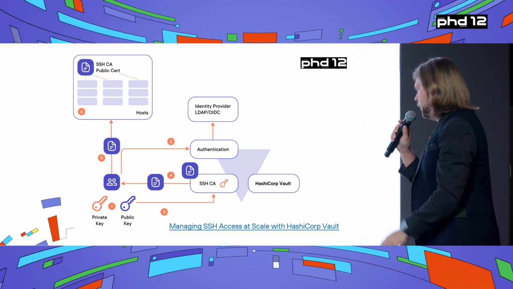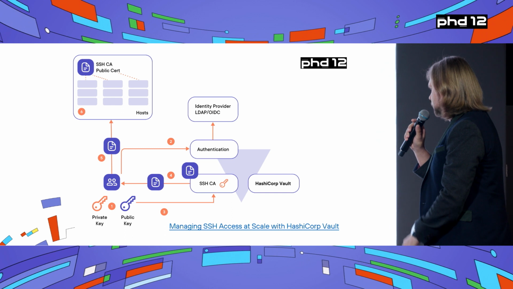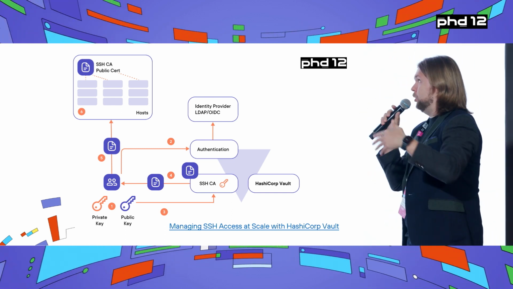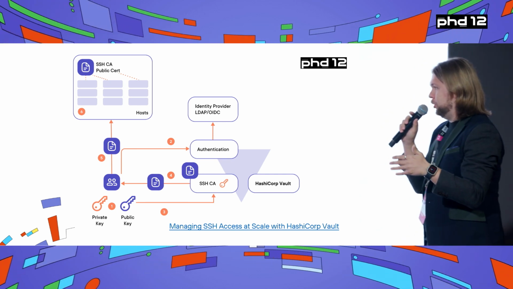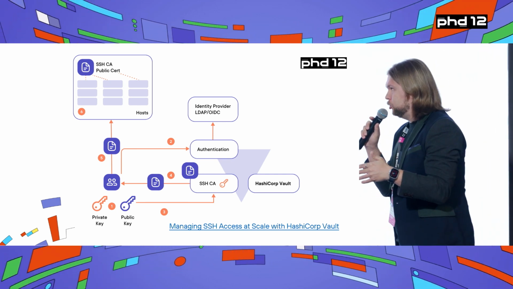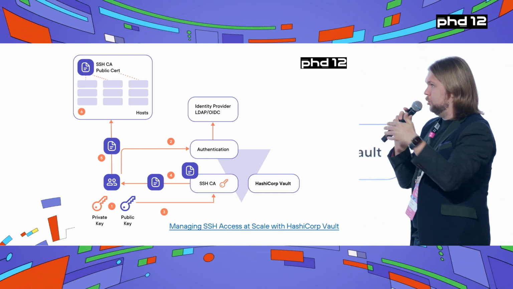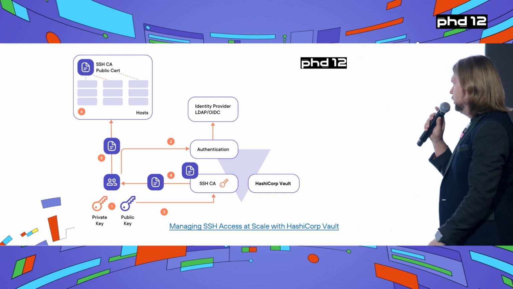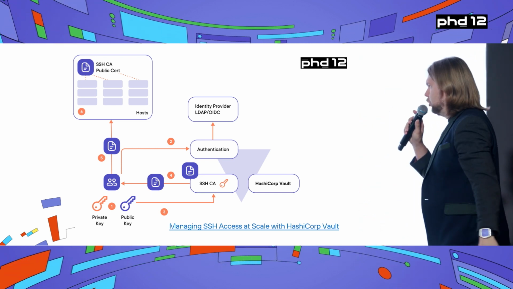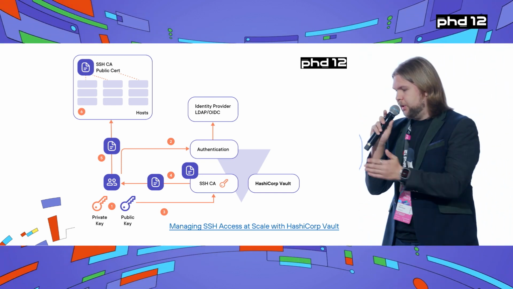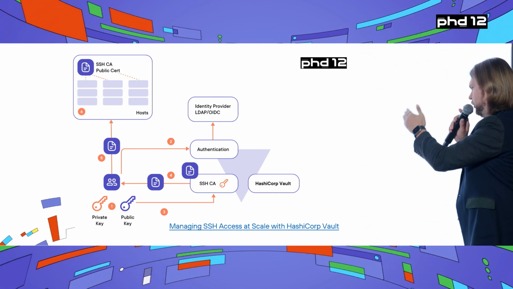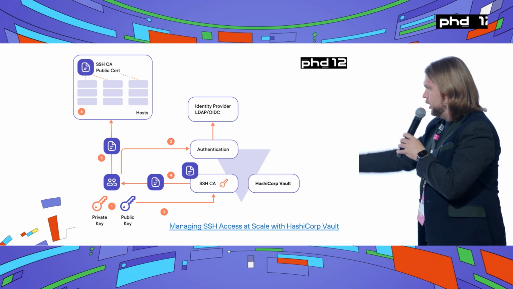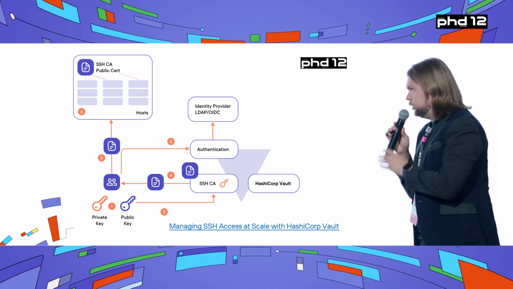Let us have a look at that template that you can find in the Managing SSH Access at Scale with HashiCorp Vault, where the guys are telling us about how you may make authentication in a Linux distributed system based on certificates. What is going on there? We have HashiCorp Vault, where you actually would get a key. Then what happens next? So let's have a look at figure number 1. It starts from there.